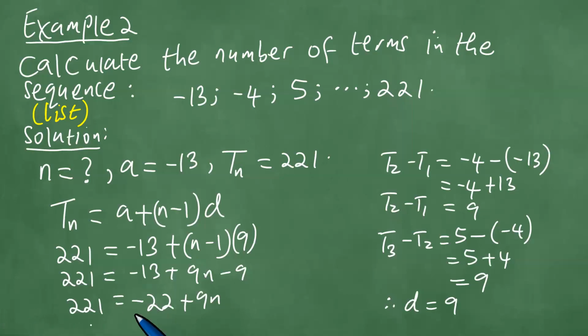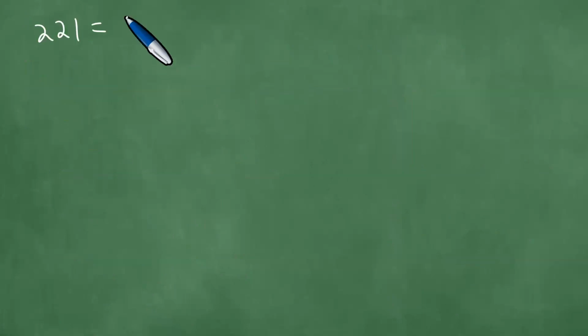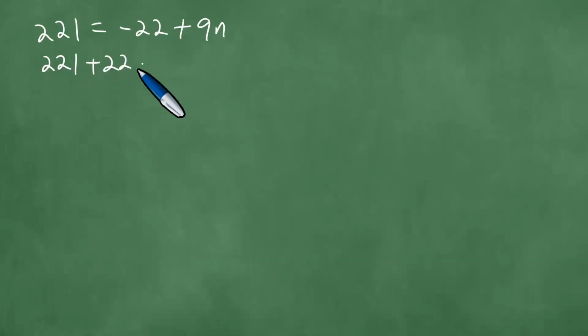So we have 221 equals minus 22 plus 9n. And then we can transpose this minus 22 because it's negative, and then it becomes positive.